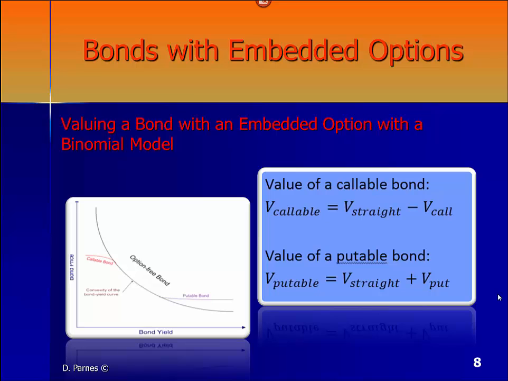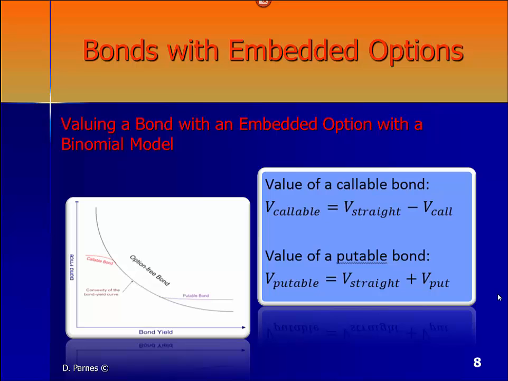Now the issuer will obviously do that whenever the interest rate is about to go down. When the interest rate in the market is about to come down, the yield will come down, the price of those bonds will go up, and then the issuer will buy it back at a predetermined price, which is lower than the current price on the market, and this is how they save money. They buy something at a lower price while the actual price is higher.